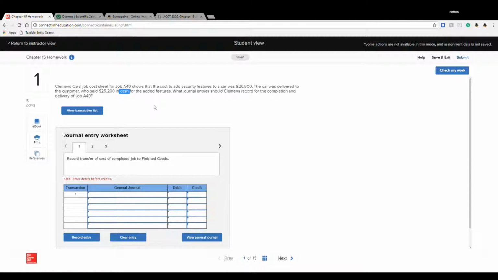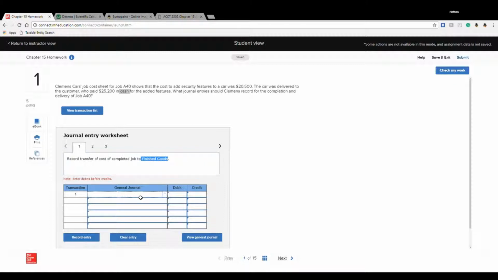First, we have to record the transfer of the cost of the completed job to finished goods. I like how it already gave us finished goods. Remember, finished goods and work in process are all inventory accounts. When a job is completed, it's no longer in process. Since these are inventory, they're all asset accounts, and they all increase by a debit.